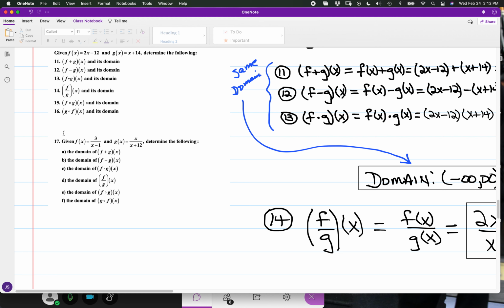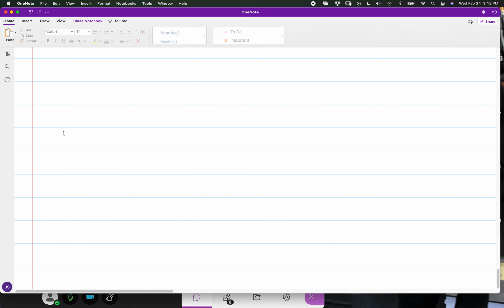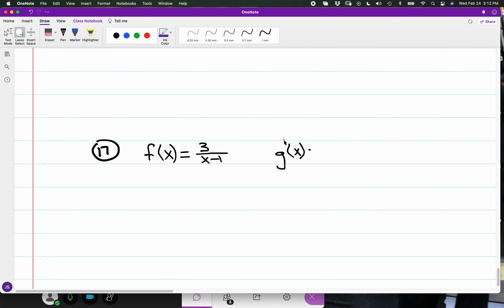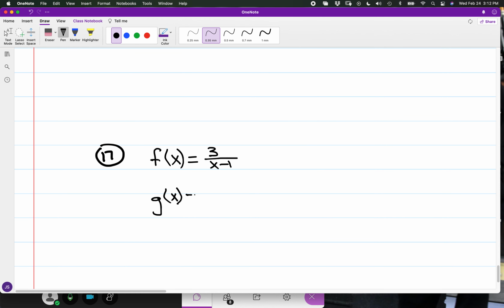We have f of x equal to 3 over x minus 1, and g of x equal to x over x plus 12.